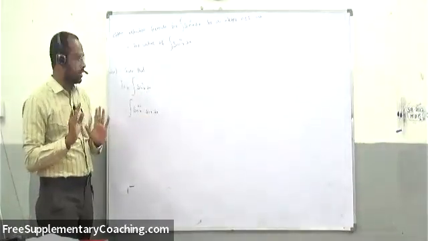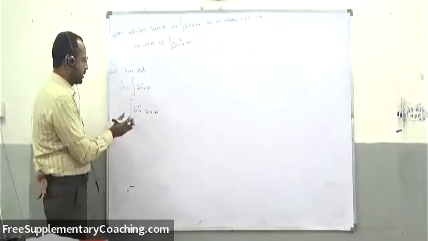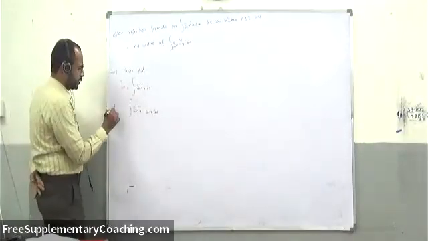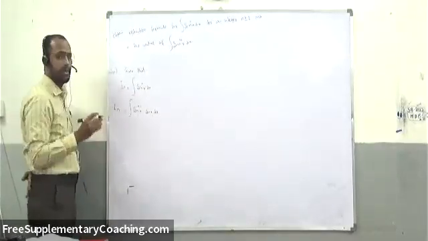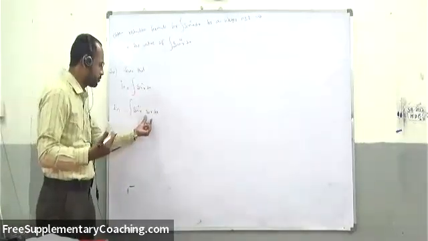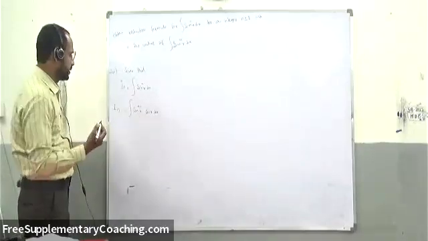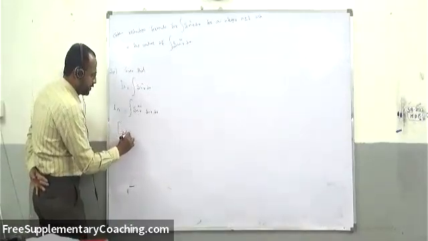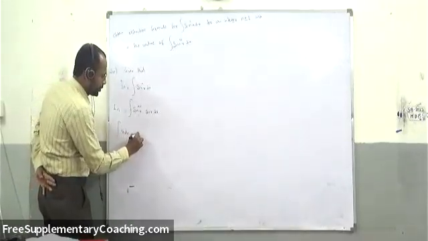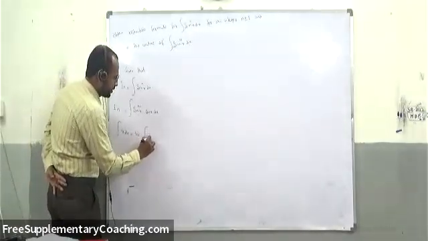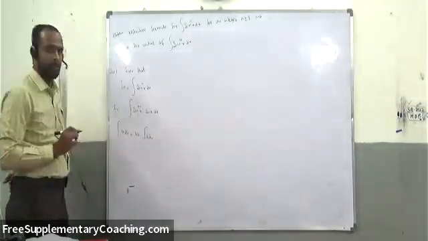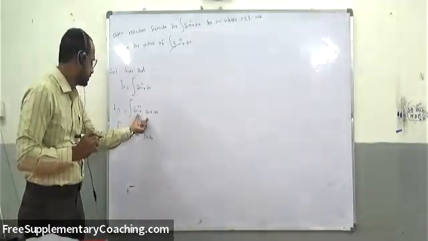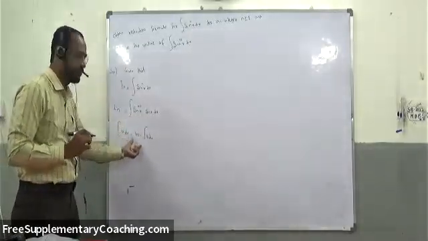Now see here, this particular form, I am comparing or using the formula for this particular form. What is that? Integral of u dv is equal to uv minus integral v du. I am using this condition by comparing with this formula.